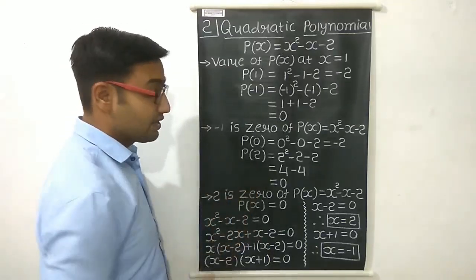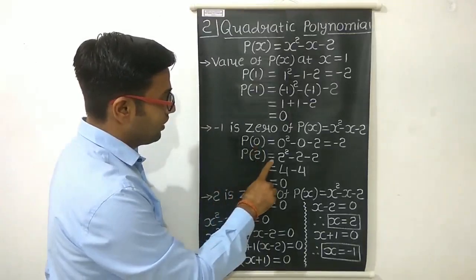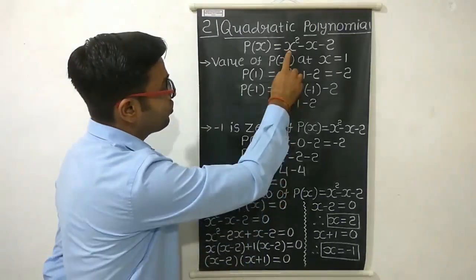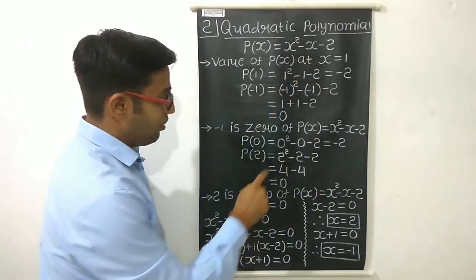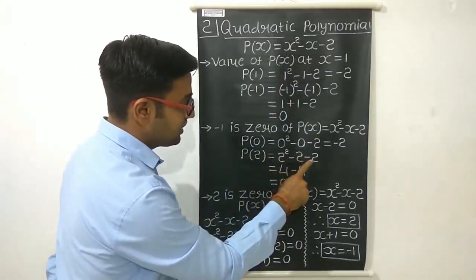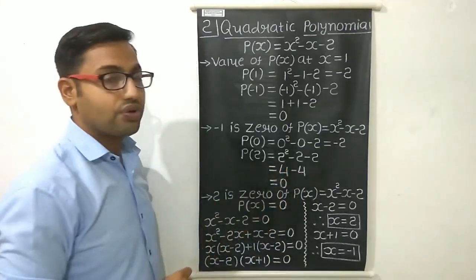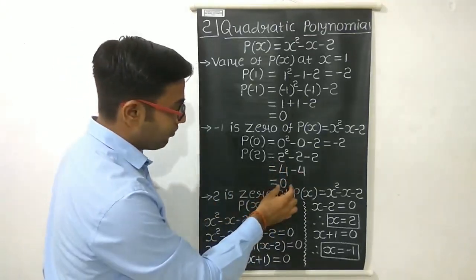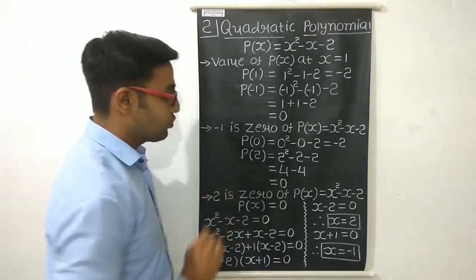Let us take p of 2. So instead of x now we have to put 2. So p of 2 is equal to 2 square minus 2 minus 2. Now 2 square is 4. This minus 2 is minus 4. So 4 minus 4 is 0. Okay. So now the polynomial's value becomes 0 at x is equal to 2.